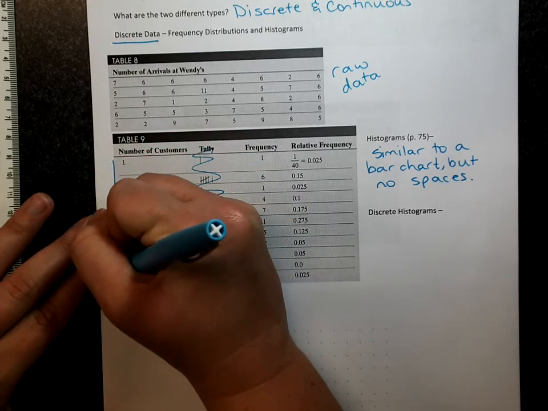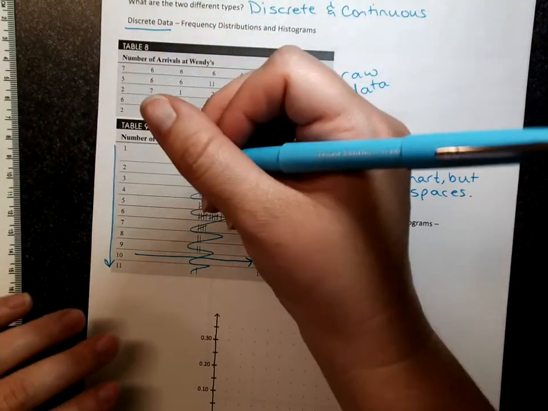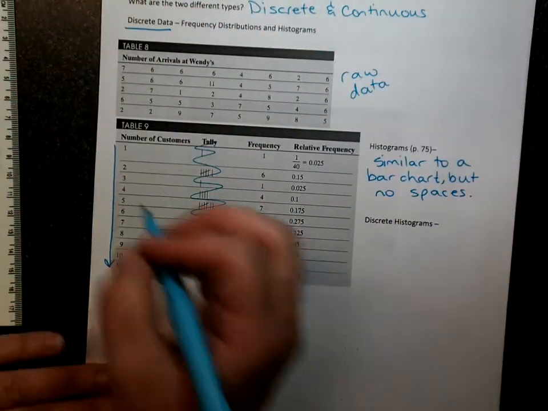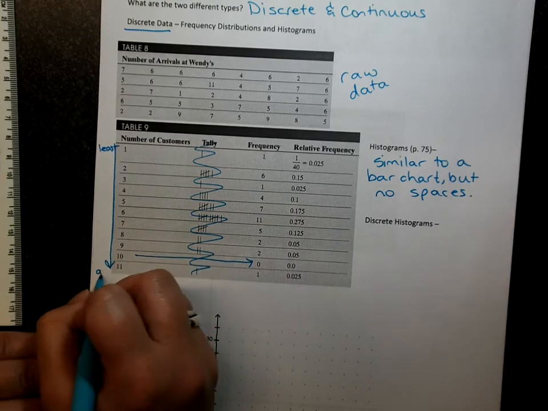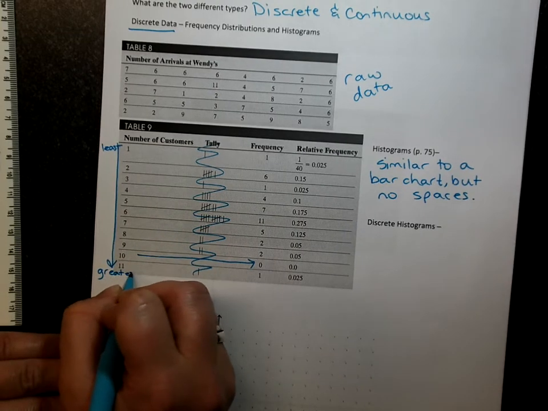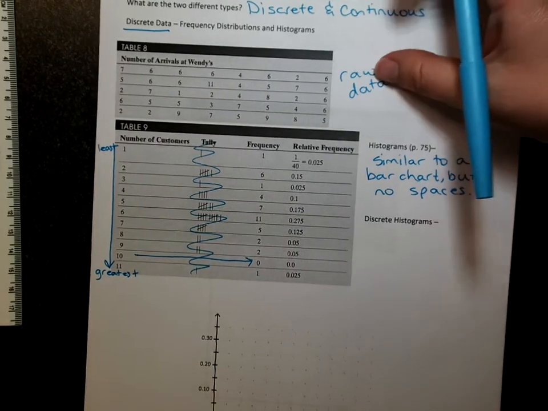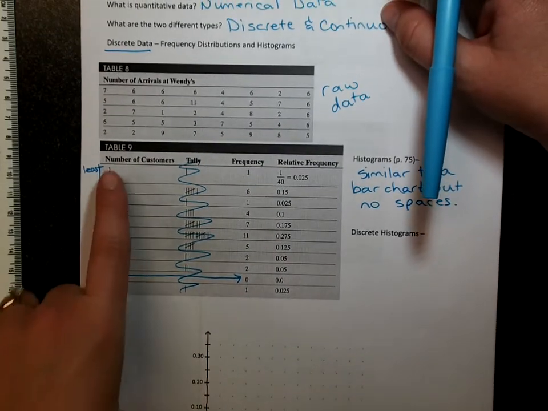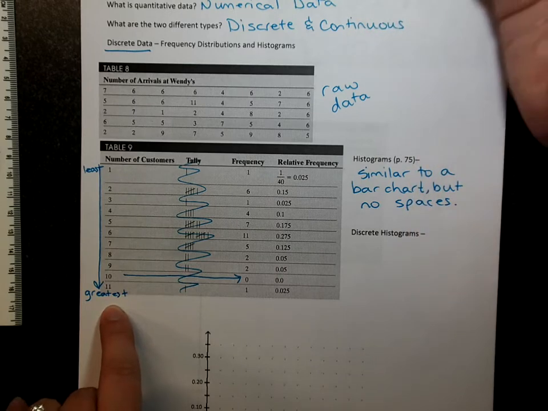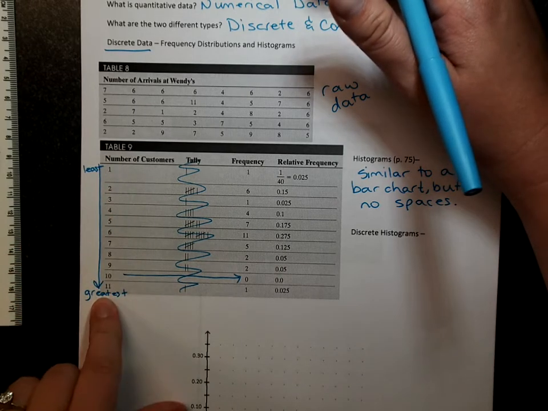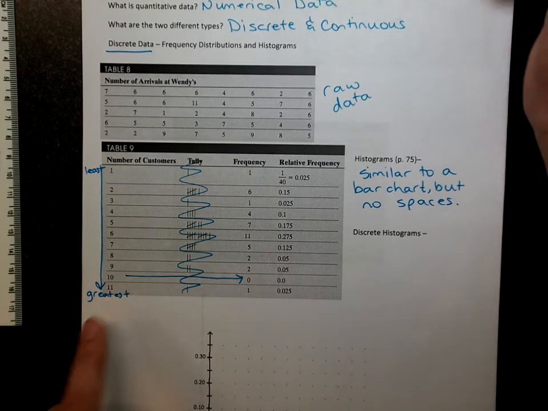For a histogram, it has to go, I don't know if that's called ascending or descending, it has to go least to greatest. Not the frequency, but the actual outputs, the actual values. So with categorical data, it can go in any order. I said it went alphabetical, but that part doesn't really matter. For numerical data, for quantitative data, it has to go least to greatest, all of your outcomes.